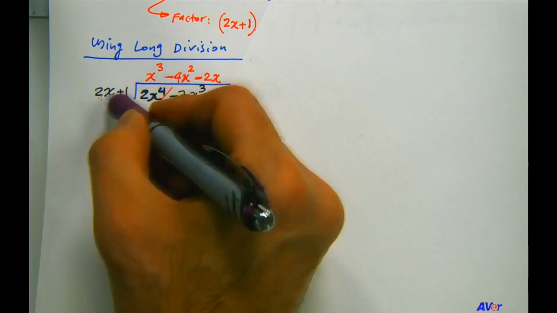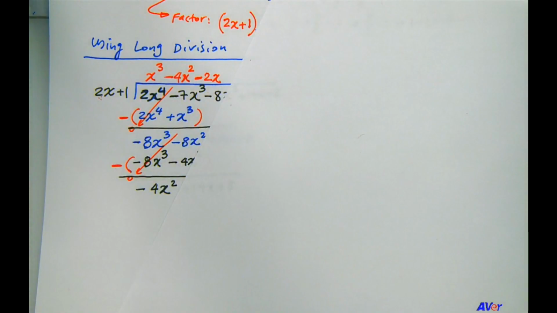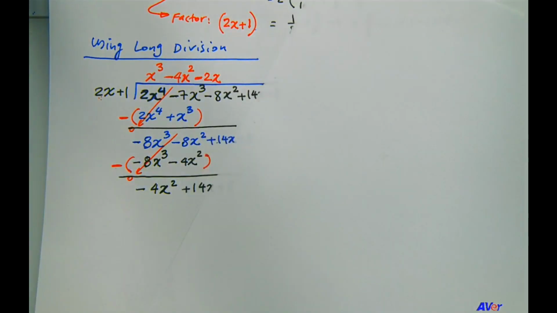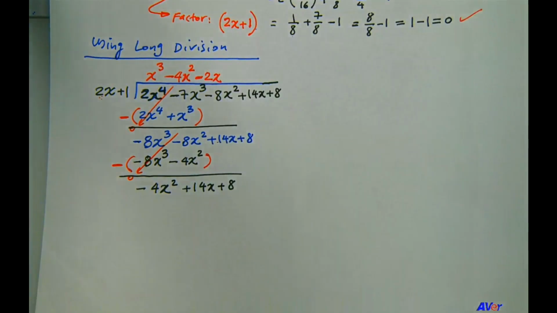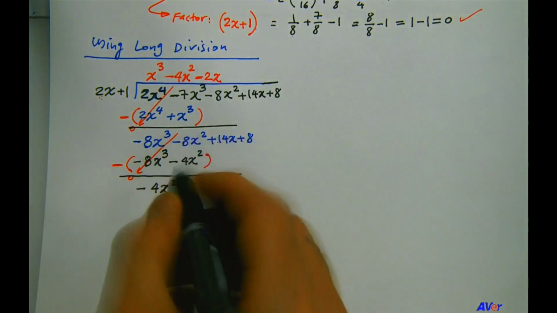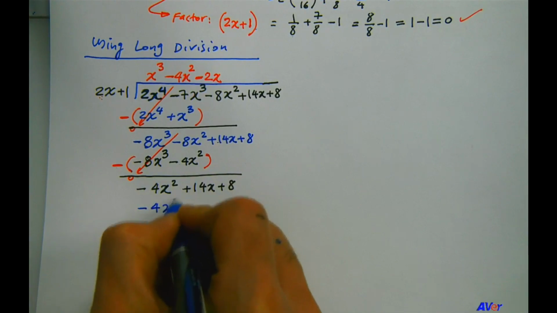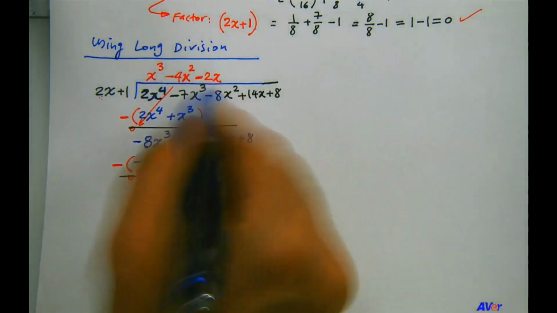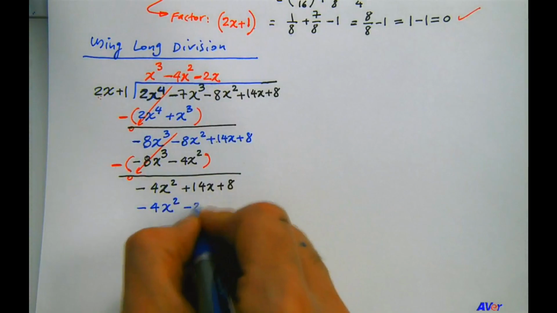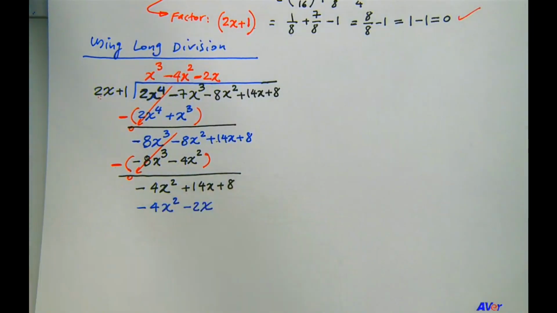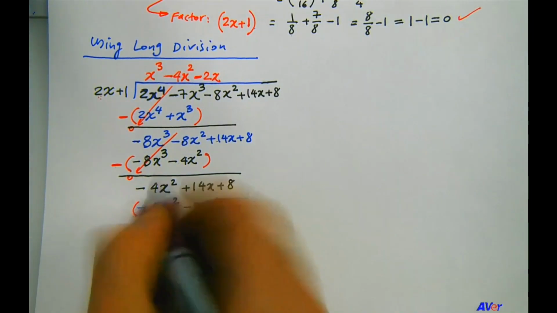Minus 2x times 2x will give us minus 4x squared. So minus 4x squared, minus 2x times 1, minus 2x.